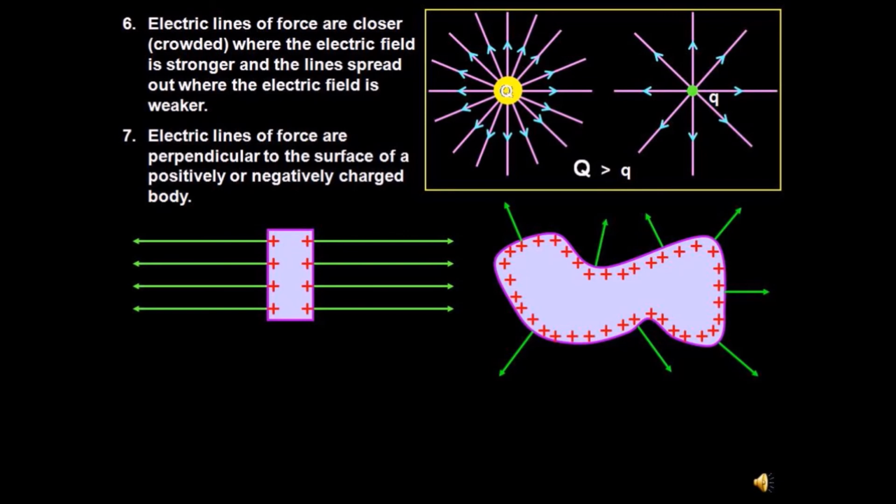The respective gap is less between the field lines. This shows that here the electric field is stronger. And as we move away from the charge, we can see that the field lines are at comparatively larger distances from each other. This shows that the electric field is weaker here.